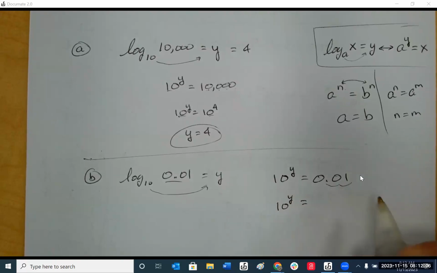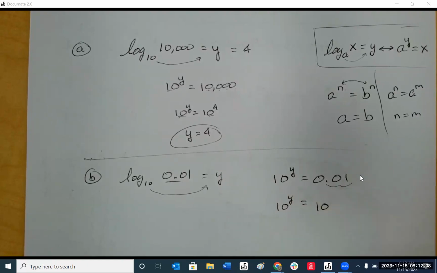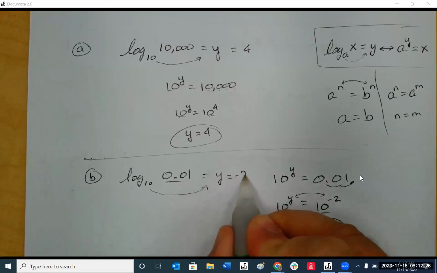Anytime we move a decimal, it's always a factor of 10. The decimal moves 2 spaces to the left, so it's -2. Since the bases are the same, y equals -2. So that's the answer to our question here.